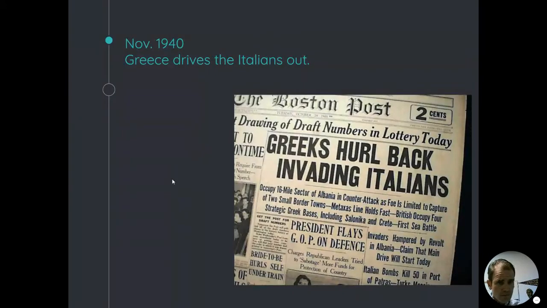Now, in November, within a month, Greece is able to drive the Italians out. So the Italians' show of force was kind of laughable. Italy wasn't able to hold Greece. And so Greece pushed the Italians out of their country.